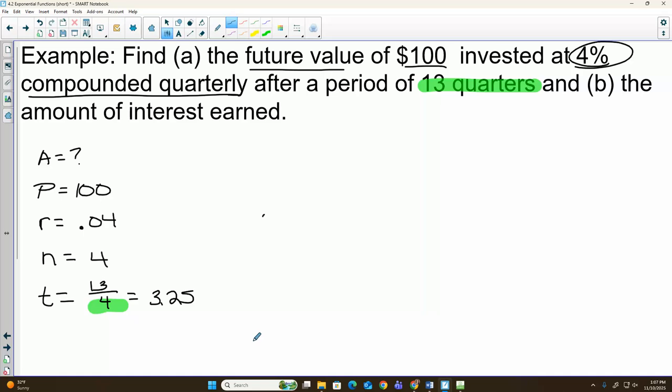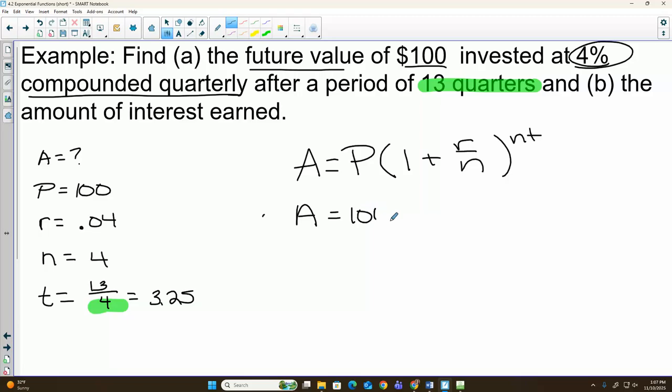All right, so I like to make a list of my variables. We are compounding, so it's just our regular compound interest formula, which you don't have to memorize. And we're just plugging in. I don't know A, P is 100, r is 0.04 divided by N, which is 4, to the N times 3.25 power.